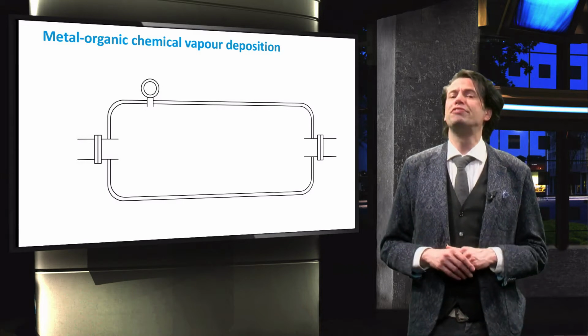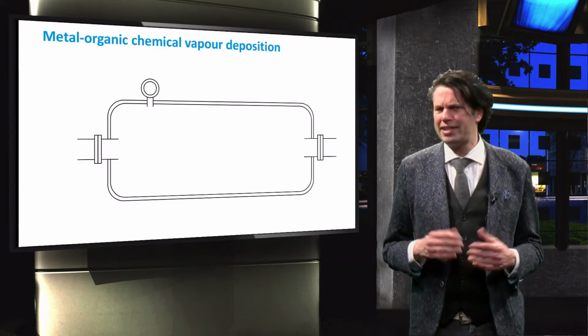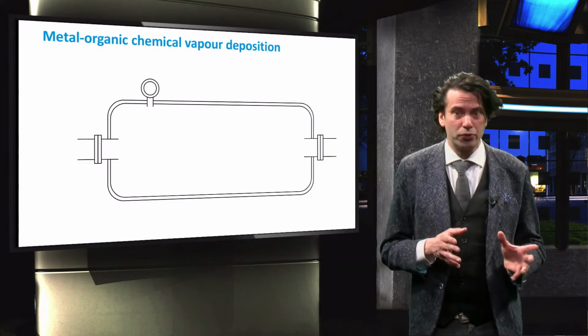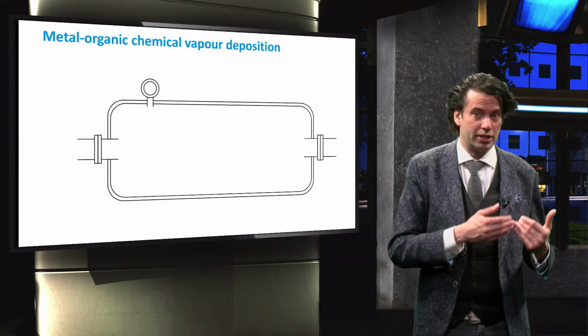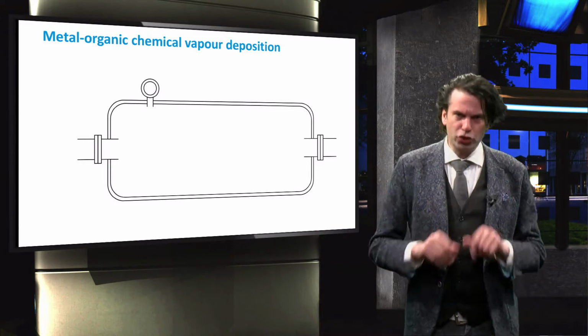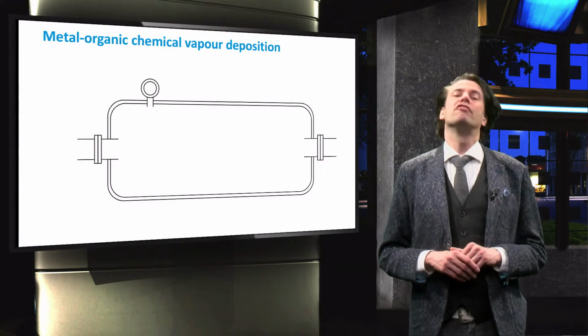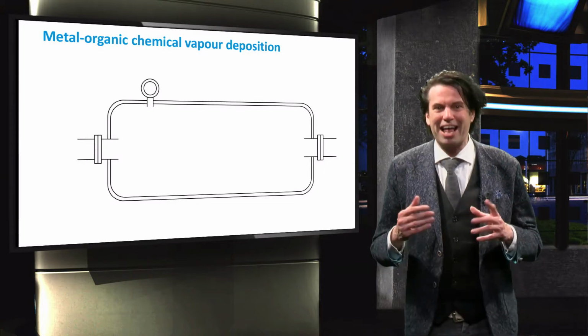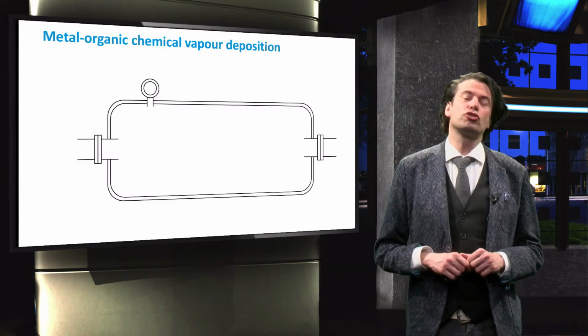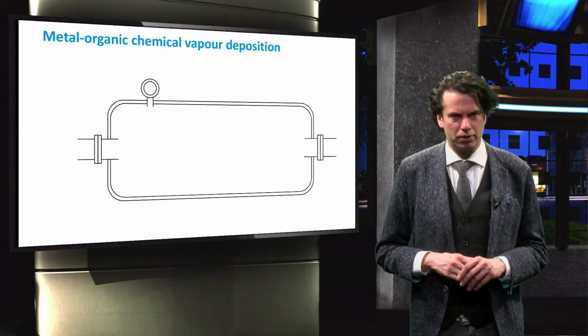In MOCVD, the epitaxial growth takes place through a chemical reaction rather than through the physical deposition that takes place in MBE. MOCVD does not take place at ultra-high vacuum conditions, but at moderate low pressures. This figure shows an MOCVD chamber.